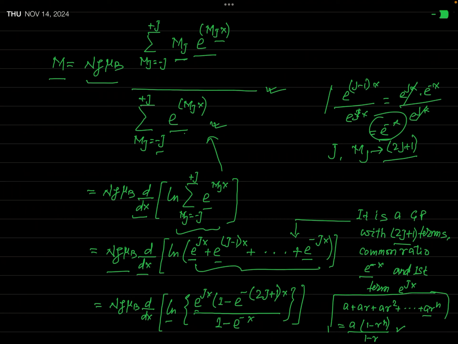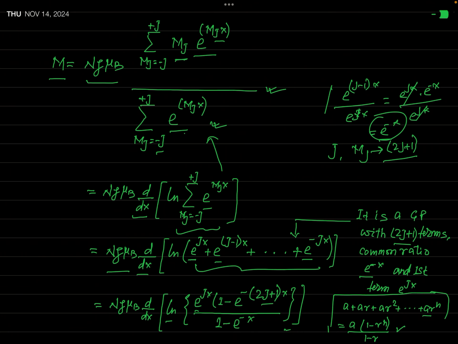So this will be 1 minus e to the power minus (2j plus 1) times x, divided by 1 minus r, where r is e to the power minus x. Okay. So I think you have clearly understood how we can replace this series by these terms using the formula of geometric progression. Okay.